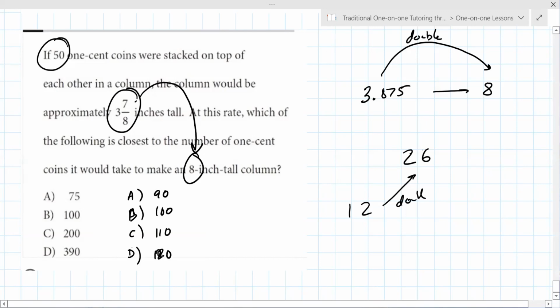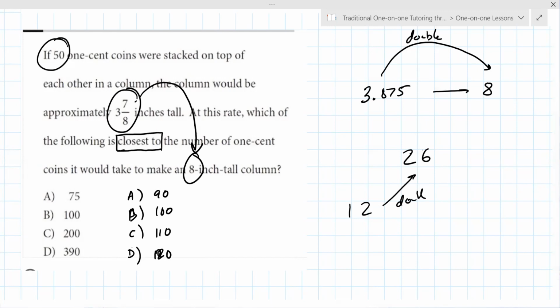Now you have a problem because you actually might need to calculate how much it really is, because they're so close. But since they're not that close, you can, and it even says in here, closest to, estimate. Whenever you see those words closest to or estimate, you know that you can estimate, judge what it is rather than getting caught up in the exact numbers. So that's another keyword to look for when you're doing this.